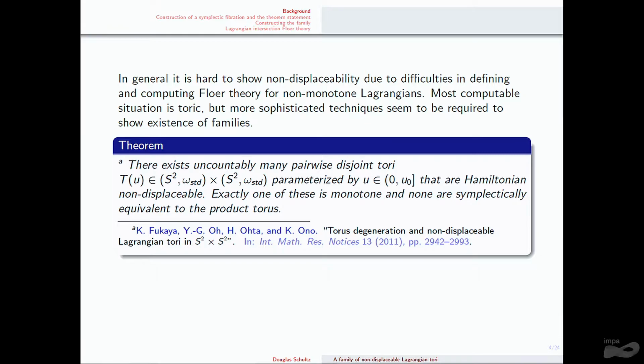One is a result by Fu: there are uncountably many pairwise disjoint tori in the product of S2 with itself that are non-displaceable. Since they're non-displaceable and pairwise disjoint, they're not Hamiltonian isotopic. And none of them are equivalent to the product of two equators.